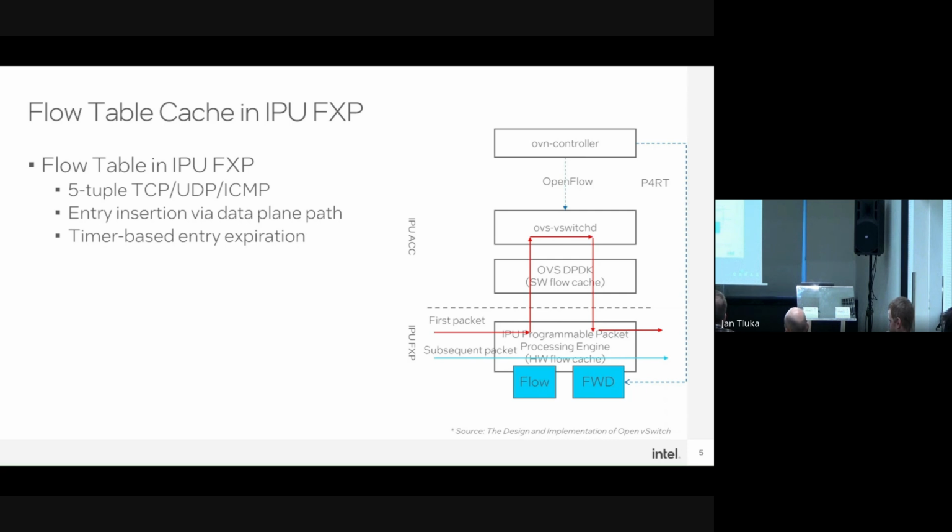Moreover, it is capable of timer-based entry expiration and eviction if the entries are no longer being used for lookup. In this way, P4OVN achieves table insertion at line rate for flow table caching in hardware, which compares with table programming via the control plane, like the P4 runtime API, on the right-hand side.